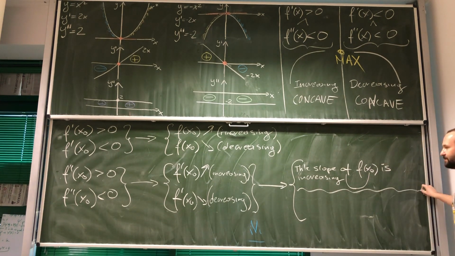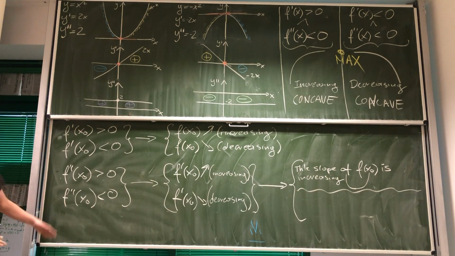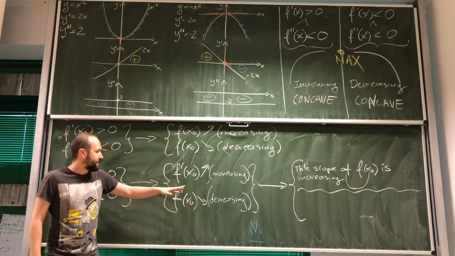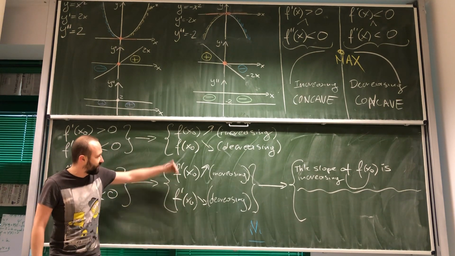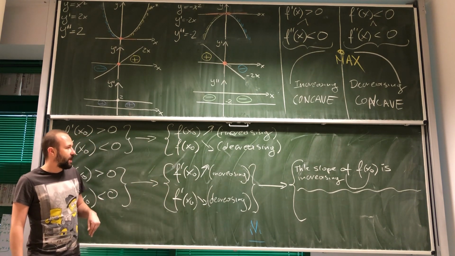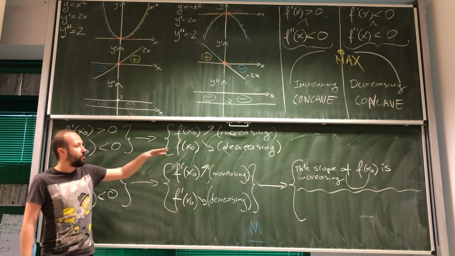On the other hand, if now we've got that the second derivative is negative, this means that the first derivative is going down. What does it mean?